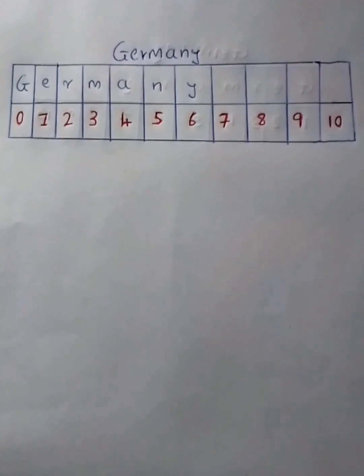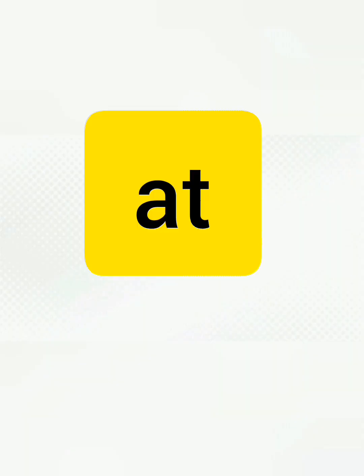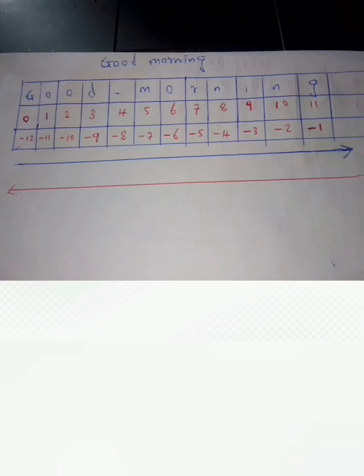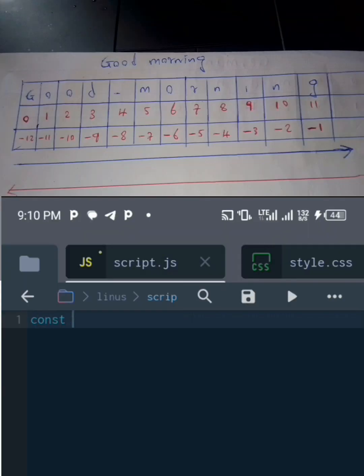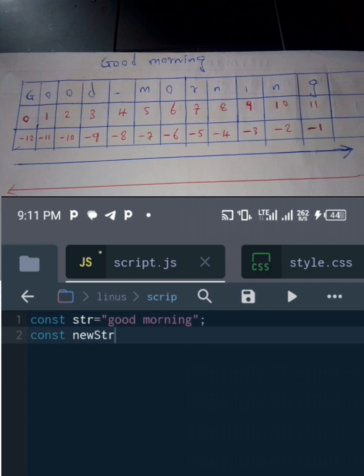The next method will be at. At behaves exactly like string and charAt, but differs in the sense that it is the only string character access method that has the ability to use negative indices without returning an error.